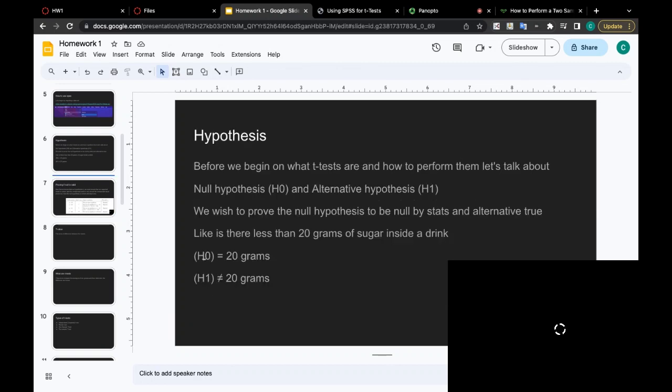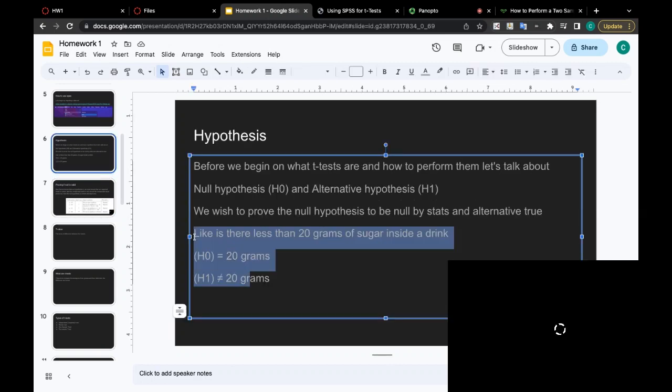This is an example of a one-sample t-test. We're checking to see, does the soda can produce 20 grams of sugar? We know the expected result and the expected sample size, but we're checking, is there a significant difference? This is an example of a one-sample t-test.